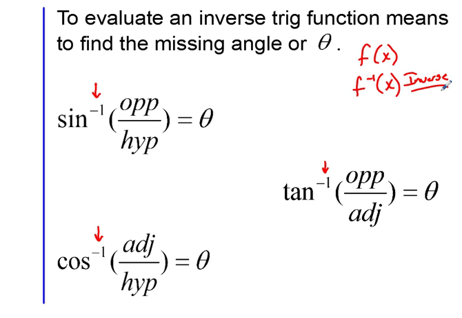Usually in a calculator, you would type in sine and then the angle number. When you do the inverse, you do the opposite of that. Instead, you do sine inverse of the sides, opposite over hypotenuse. The reason why we use inverses is to find missing angles. And remember, theta is always our symbol for angle.